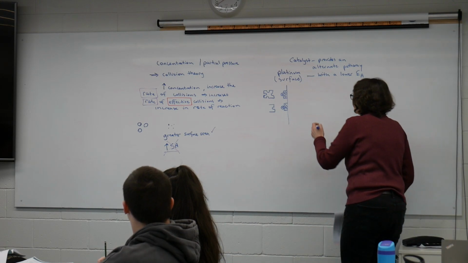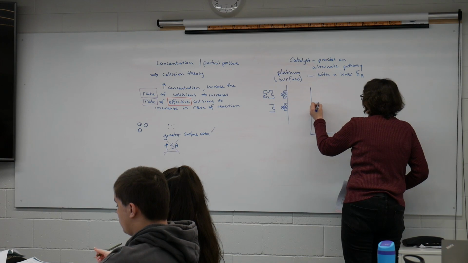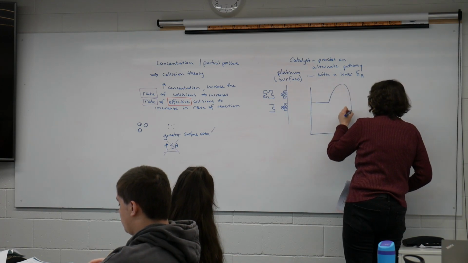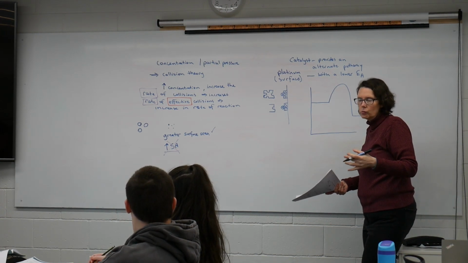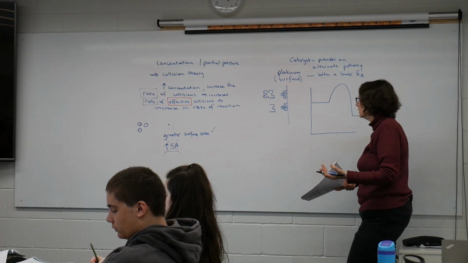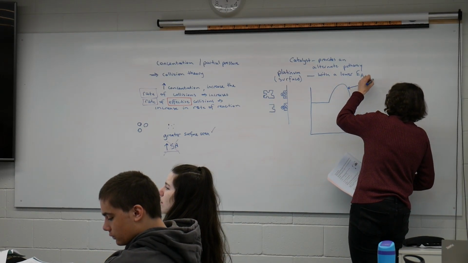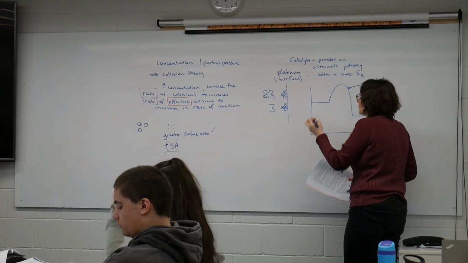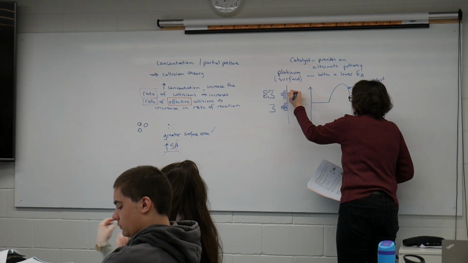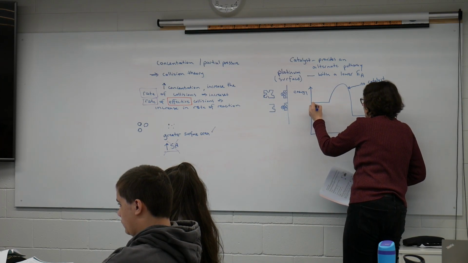The reaction remains the same as it did before. So often you're asked to represent the reaction with or without a catalyst, or what would it look like if we used a catalyst. So I would label this no catalyst. And most times there's no numbers required. However, we still need to label our axes.